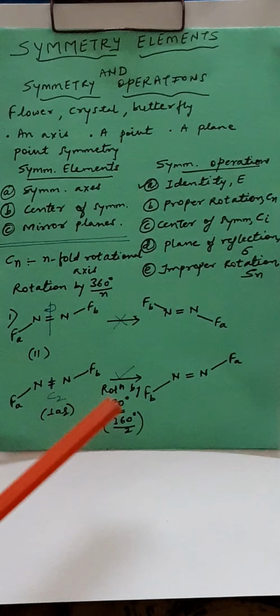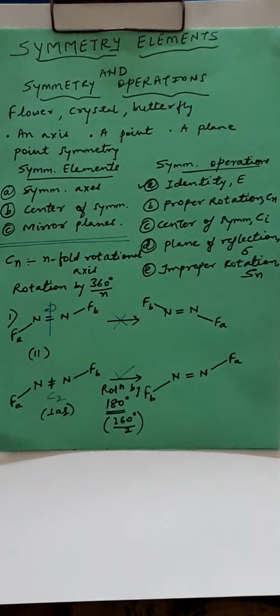And the condition whenever I apply a symmetry operation is that the molecule which is obtained after performing that operation should have the same configuration as the original one. That we can understand by taking this example of trans N2F2, that is trans orientation of dinitrogen difluoride.